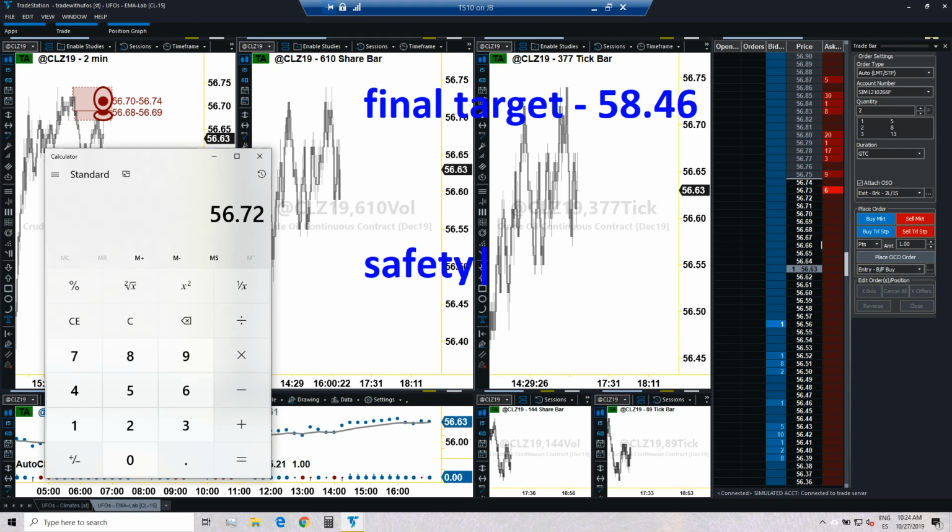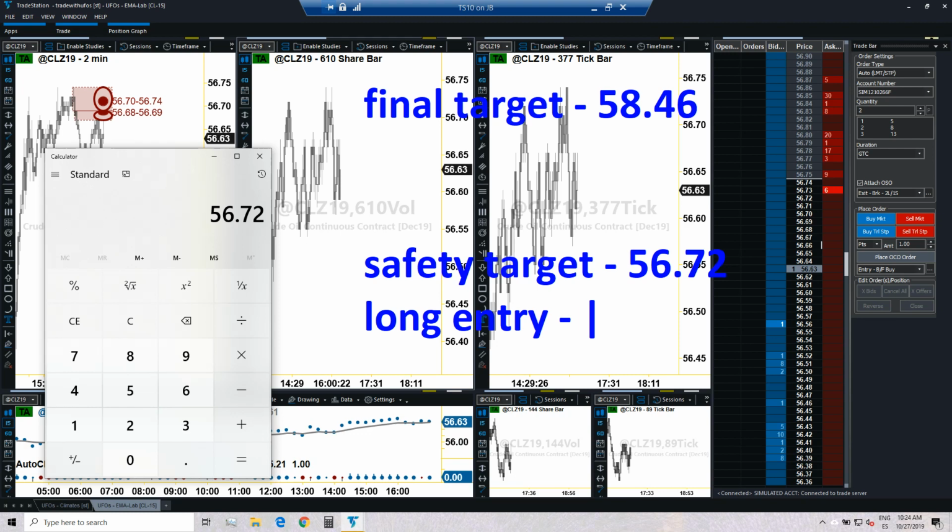Safety target, that would be 56.72. Long entry, that would be 56.63, and the stop loss, that would be 56.54. That would be the plan for the trade, and you will be ready to go.